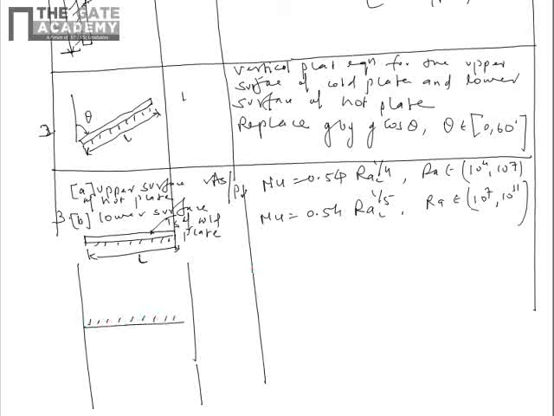If this is a horizontal surface and this is our plate, kept at temperature Ts, which is hotter than the surrounding, then for this surface we will use the formula Nusselt number is equal to 0.27 into Rayleigh to the power 1 by 4 for all Rayleigh numbers.